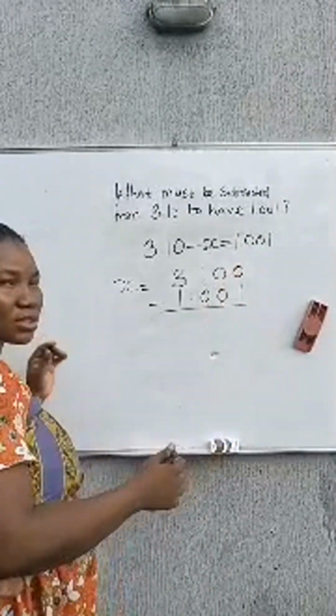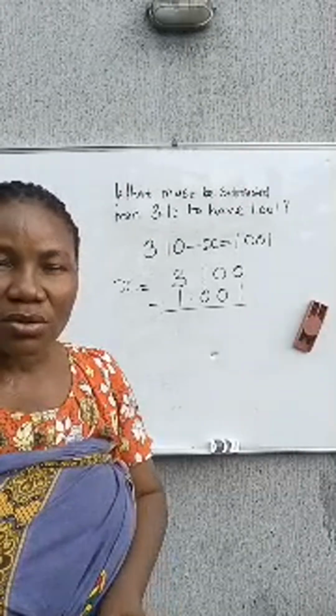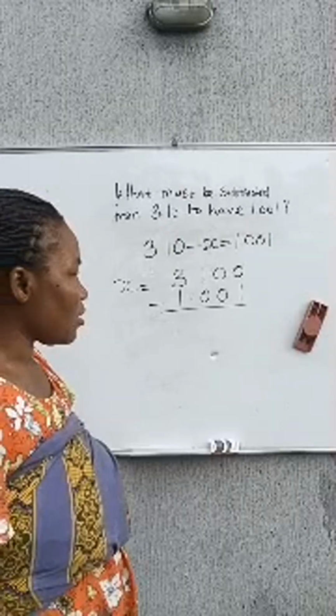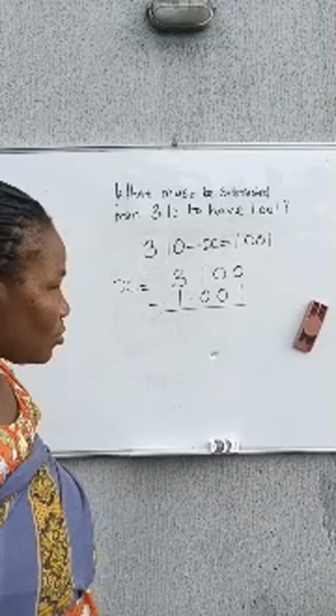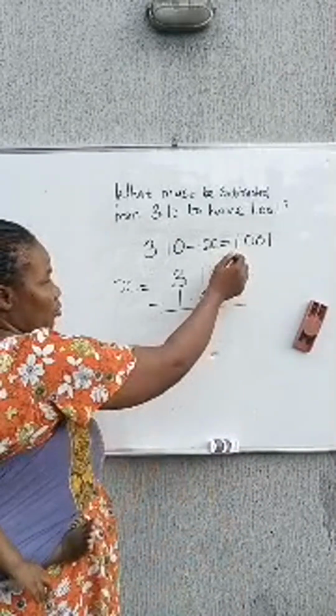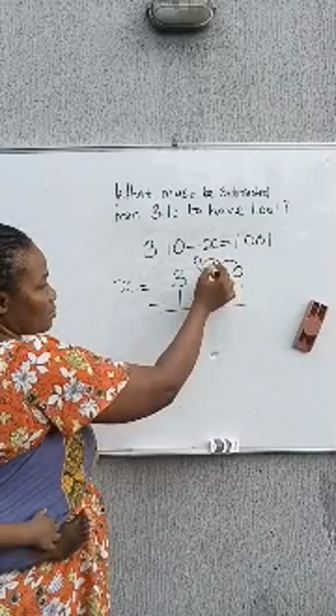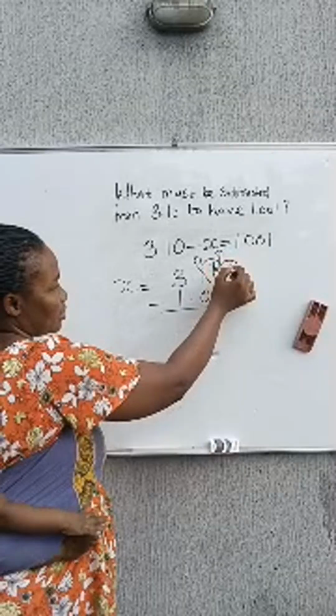Of course, it's impossible to take away 1 from 0. So we have to borrow, this becomes 0, here becomes 10, 9, 10.